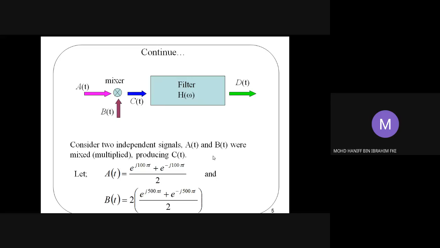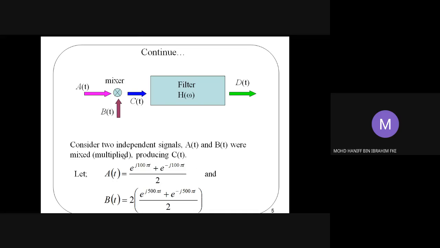For instance, let us consider a(t) and b(t) to have these frequencies. We're assuming that a(t) is a signal with a frequency of 100 pi, while b(t) has a frequency of 500 pi.